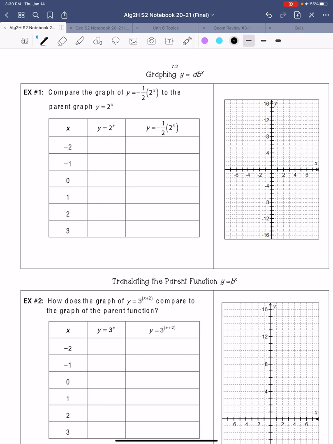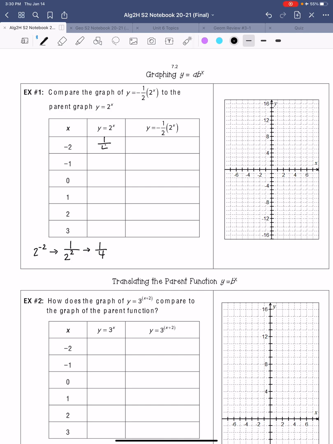So we're going to get 2 to the -2 power. Remember, whenever you have a negative exponent, to make it positive, it moves to the denominator. So we're really going to have 1 over 2 squared, which is going to give me 1/4.